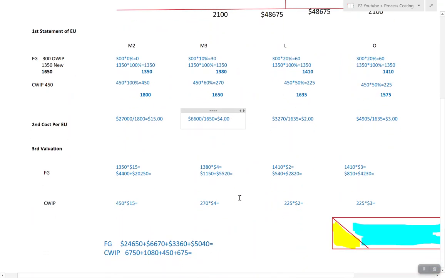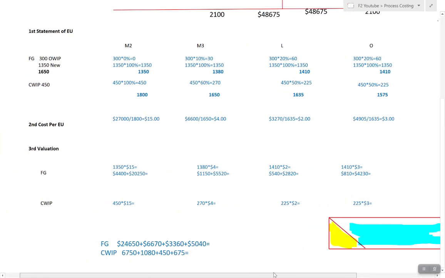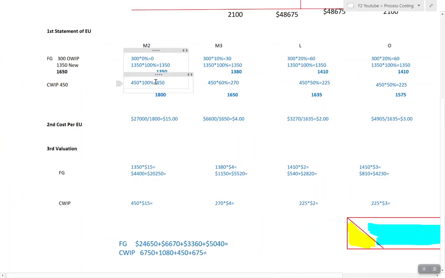Now when we are doing valuation, this is kind of my diagram to show the finished goods. Some of it is opening work in progress, which were half completed last period, half completed this period, and then the remaining new. Okay, next, when we are doing valuation, 1350 equivalent units, remember, total, multiply by 15, 20,250.